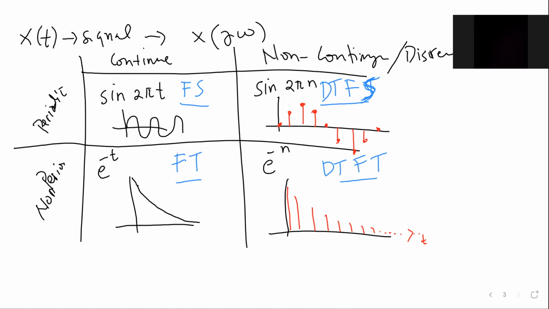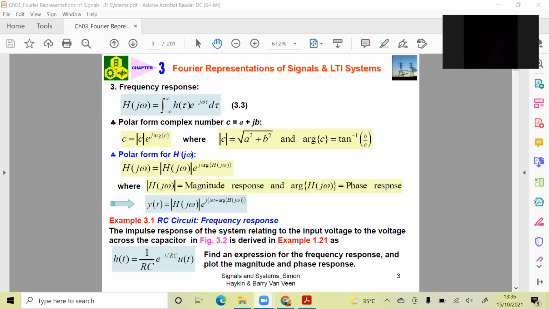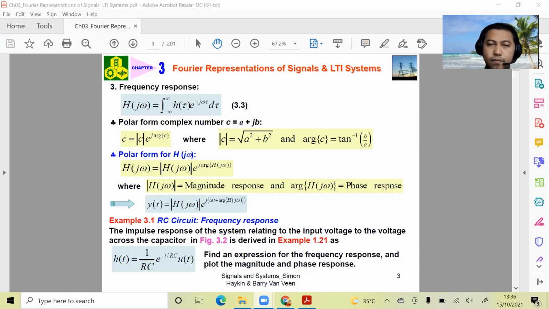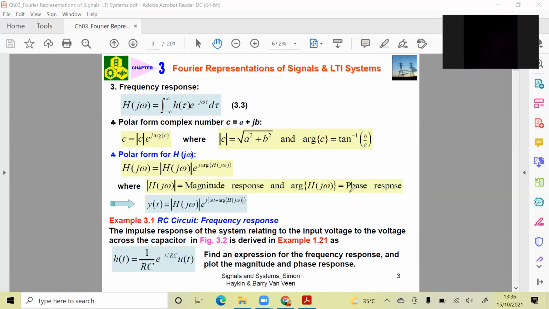Okay, wait a moment. I just drop the screen and then I will show this one. Right now, can you see my screen? Yes, sir. Okay.